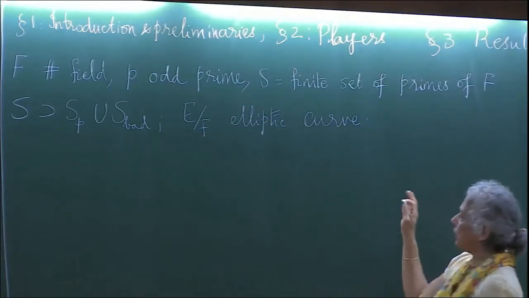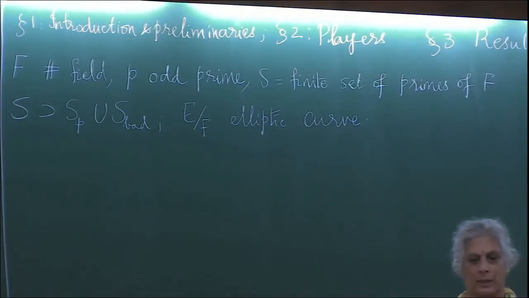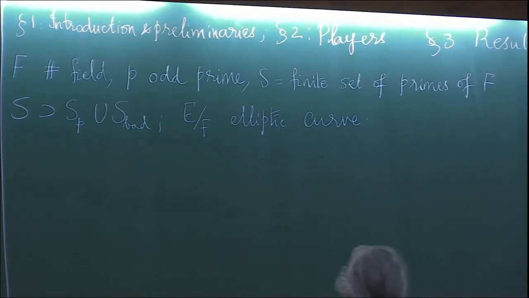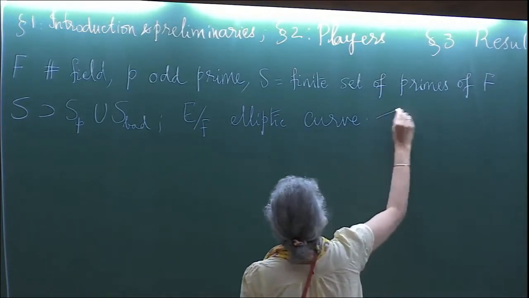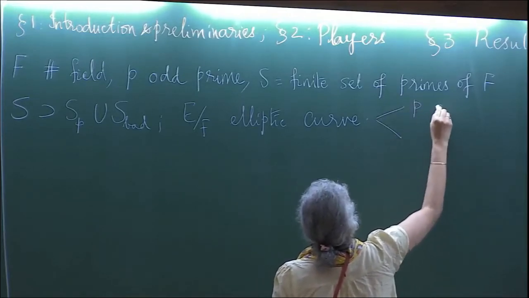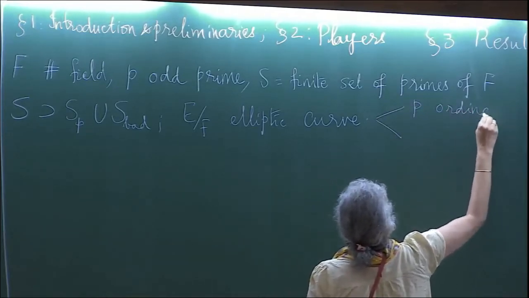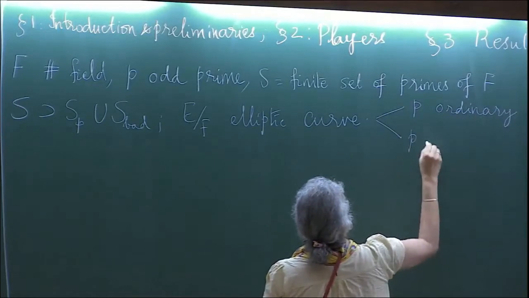And then, of course, once you have fixed a prime, you are immediately interested in the behavior of the elliptic curve at the prime P. There are 2 typical cases one considers: when it is ordinary and when it is supersingular. I'll say a bit about both, though the behavior is different. So here there are 2 cases, P ordinary, and the other is P supersingular.